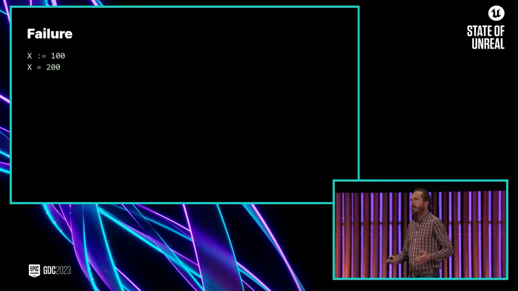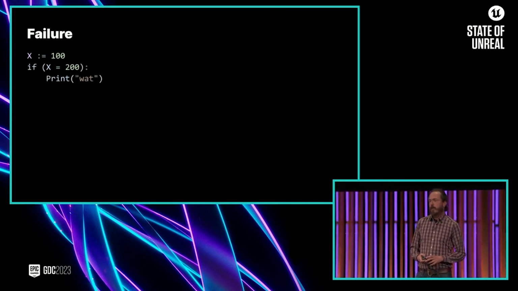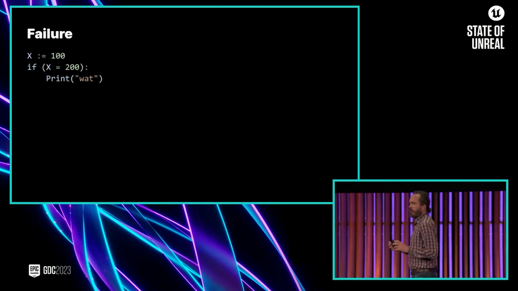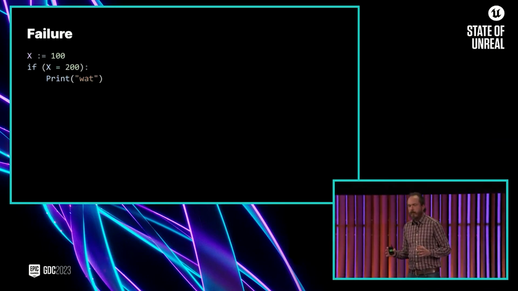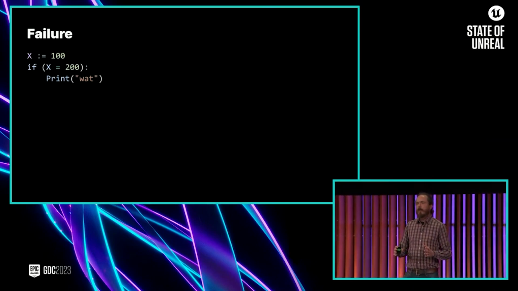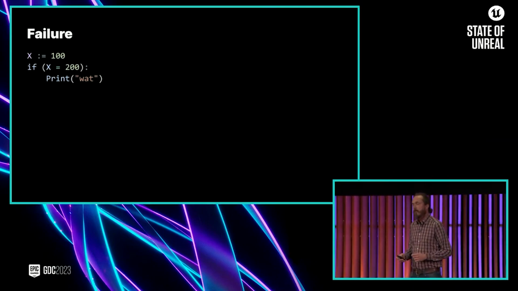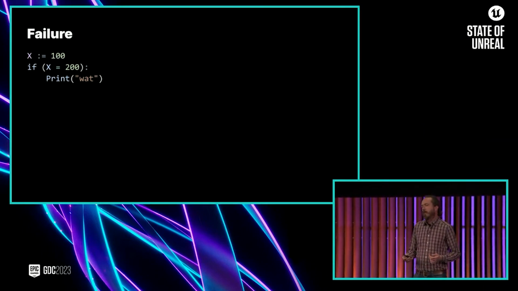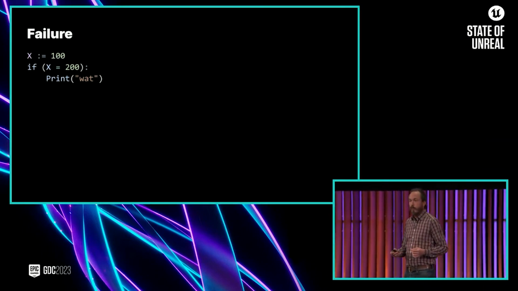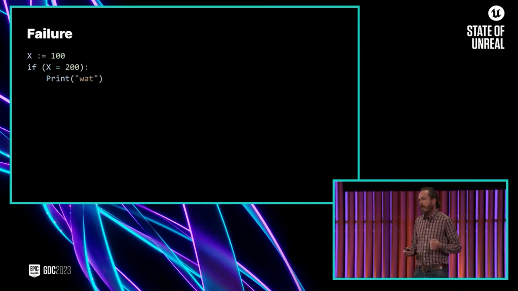And in fact, failure is the way that you do comparison in Verse. So if you run a piece of code within the condition of an if statement, what you're doing is asking Verse to run that code to see if it succeeds or fails. If it succeeds, then you take the then case. If it fails, you don't. So here the x equals 200 will fail because x already has a value and that value is 100, and so what will not be printed.